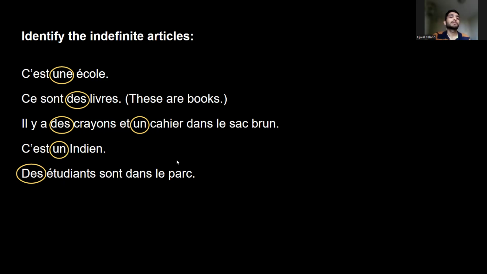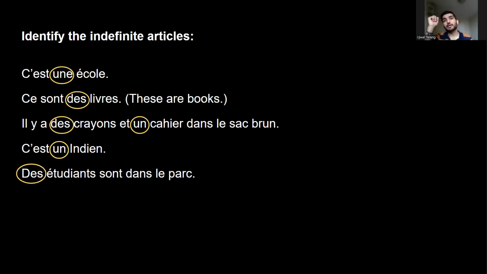A simple way to know whether it's going to be un, une, or des: would you use a or some in English in that same place? Then you would probably use un, une, des.